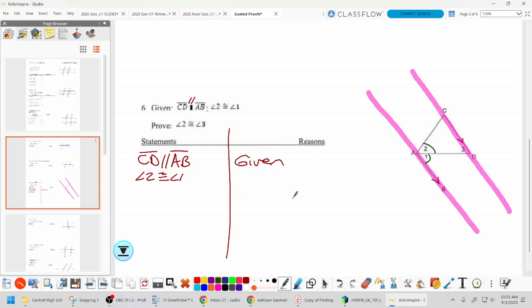But they aren't actually. Same side interior would be this whole angle and that angle, or perhaps angle 1 and that one. So these don't actually have a reason to be congruent otherwise.